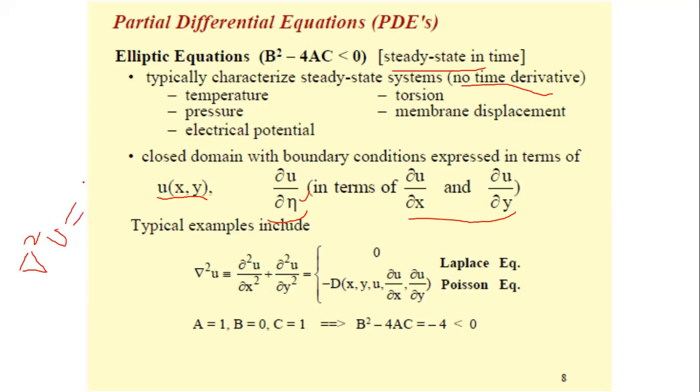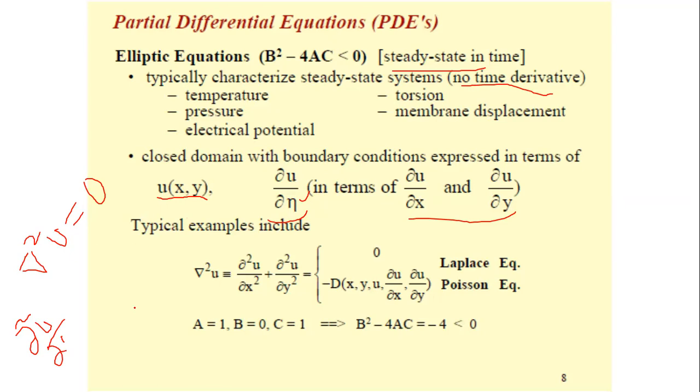When del square u is equal to 0, this is called Laplace's equation. u is the electrostatic potential, and in three dimensions, this is del square u upon del x square plus del square u upon del y square plus del square u upon del z square equal to 0. So that means there is no time dependency of this function u, right?